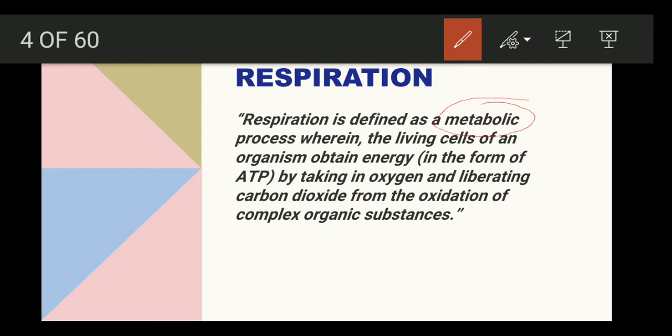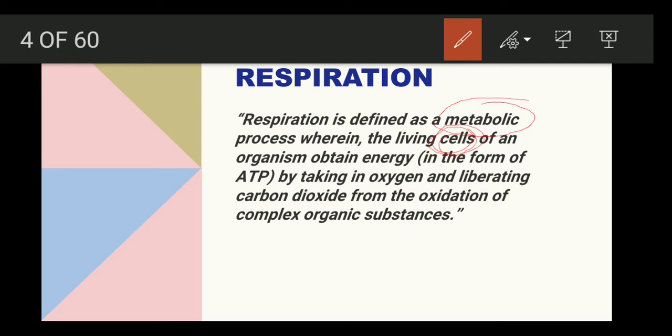And where does the respiration take place? It is the cell. So it takes place in the cell. So respiration is not just inhaling and exhaling carbon dioxide and oxygen.